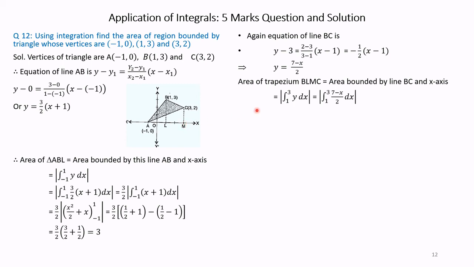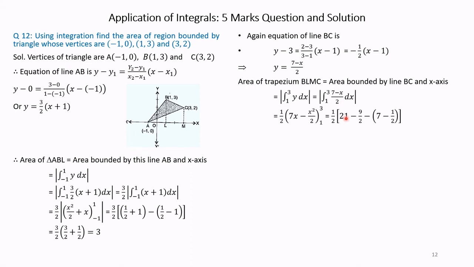Therefore, the limit is 1 to 3, that is x equals 1 to x equals 3. That is equal to integral 1 to 3 of (7 minus x) by 2, substituting the value of y, into dx.